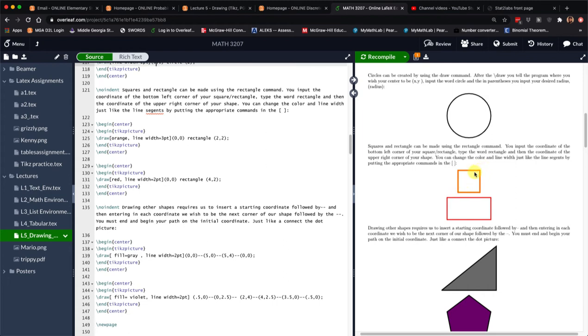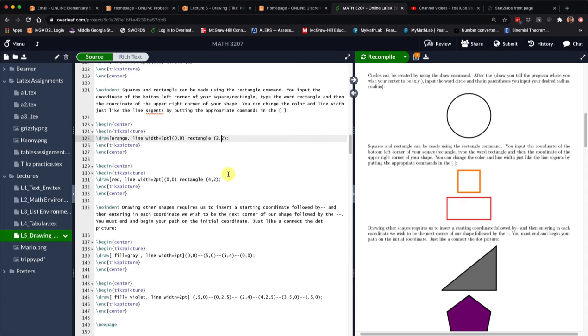So it bases it on the 2 coordinates for these corners. In the first square there, the orange square I have, of course I set orange, line width equals 3 point, made a little thicker. Sometimes the brighter colors look better when it's a thicker line. And I did 0, 0 for the bottom corner and 2, 2 at the top to make a nice square.